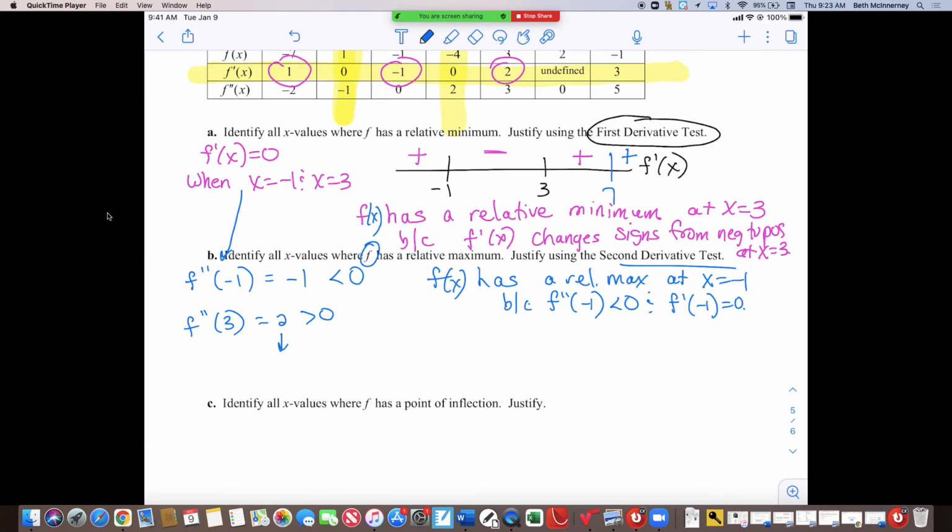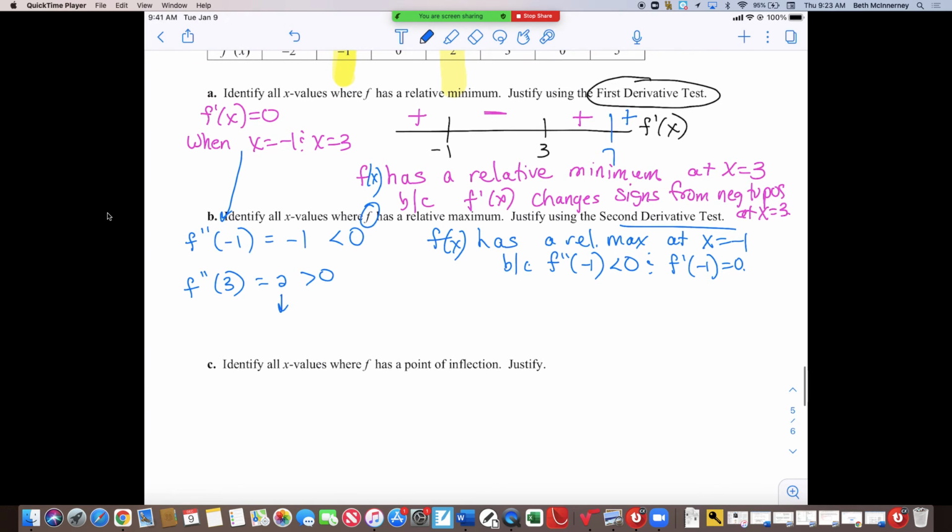Okay, so we do know that x equals -1 and x equals 3 are my critical points. So then what do I know about points of inflection? Walter? They occur where the second derivative sign changes from either positive to negative or negative to positive. Yes, okay, so points of inflection occur where f double prime of x changes signs.